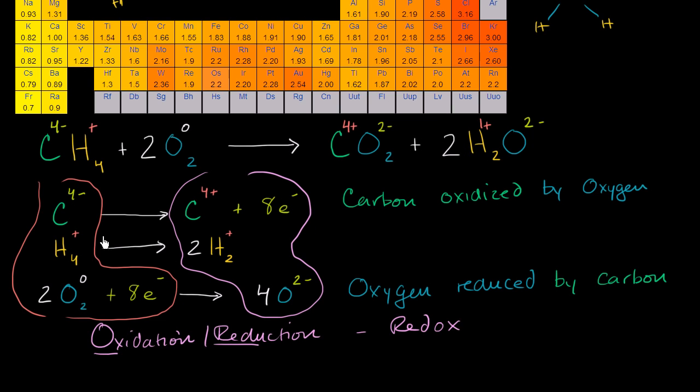So if you added all of this stuff on the left-hand side, you would get this plus that, plus these 8 electrons on the left-hand side. If you added all of this up, you would have the plus 8 electrons on that side as well. And so the 8 electrons, you could say, let's take them away from both sides, and you would get your original reaction.